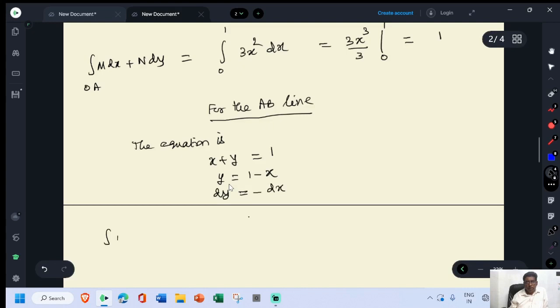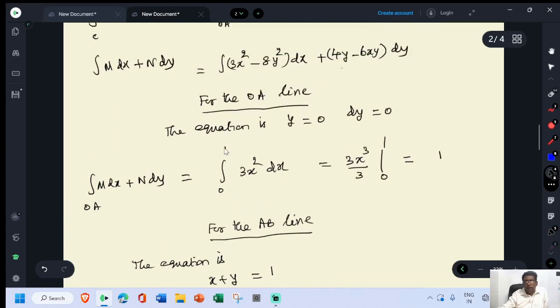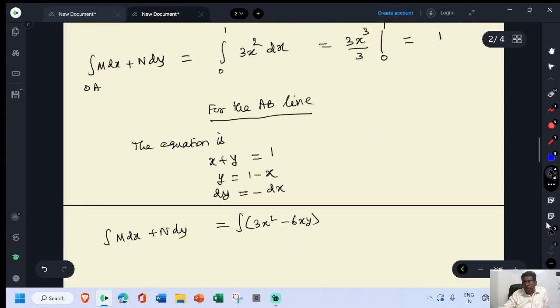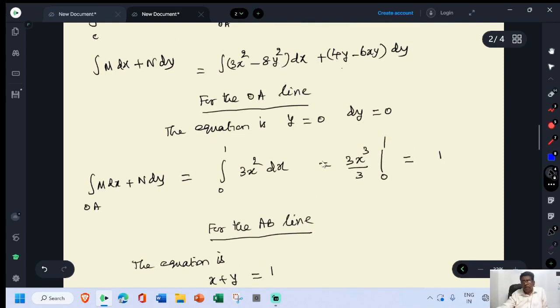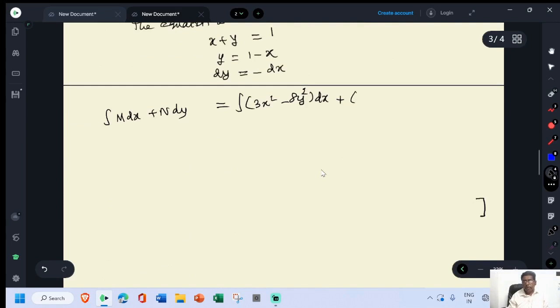Now write down the general value of m dx plus n dy, that is equal to 3x square minus 8y square into dx plus 4y minus 6xy into dy.